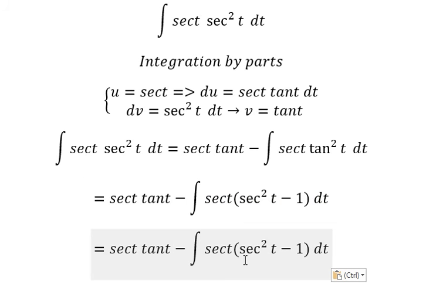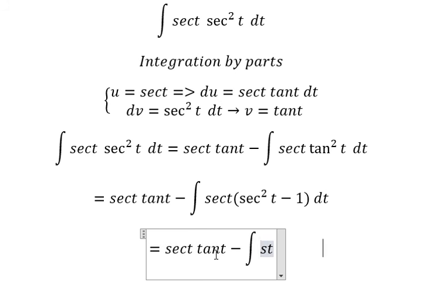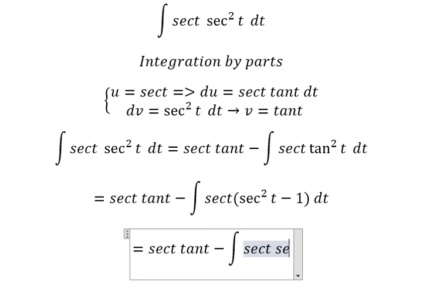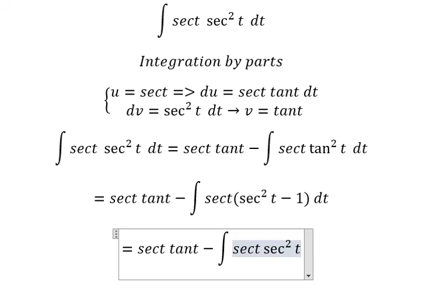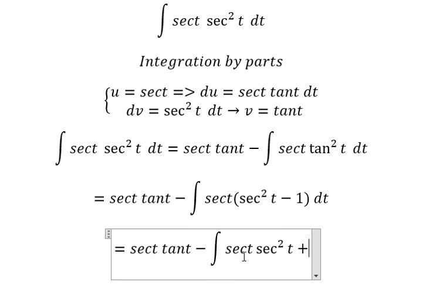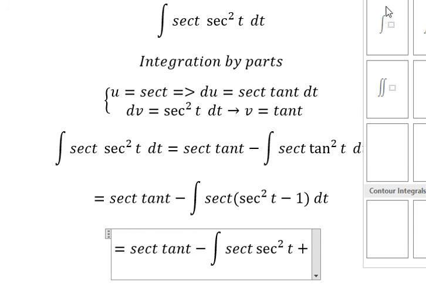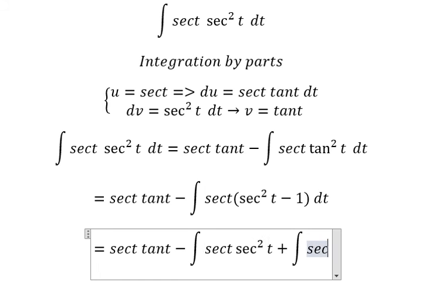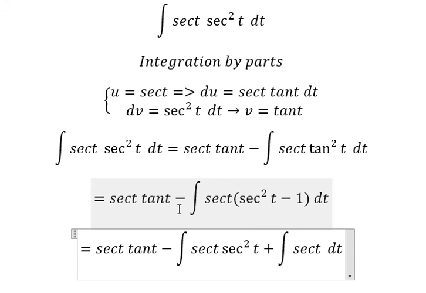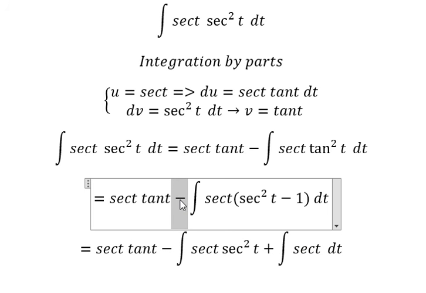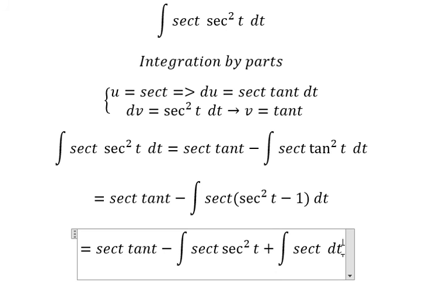Next, secant of t multiplied by secant of t squared minus 1. So we will have secant of t with tan t, plus the integration of secant of t dt, because we have the negative sign here, negative with negative, you get positive.